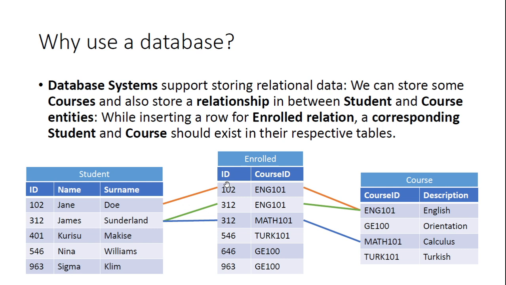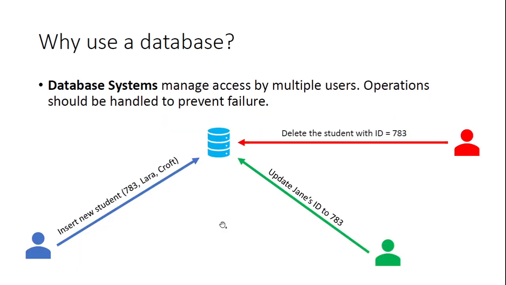For example, I will not be able to type the ID 100 if there is no student with ID 100. If I were to try to enter it, it is going to say, okay, you are trying to insert this student, but there is no such student, so please check your data, etc. So with a database system, this becomes easier.